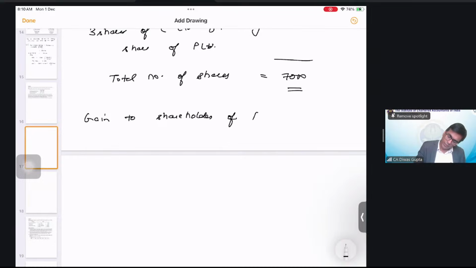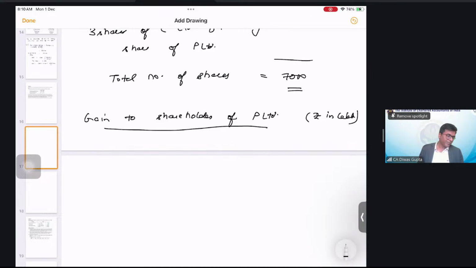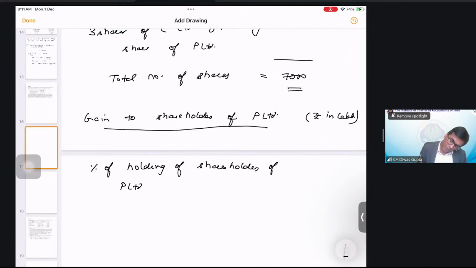So ultimately, what is the gain to the shareholders of P Limited? Because we have to calculate the gain to the shareholders of only P Limited, right? Hence, again, in rupees and lakhs. So the percentage of holding of shareholders of P Limited in S Limited, students.